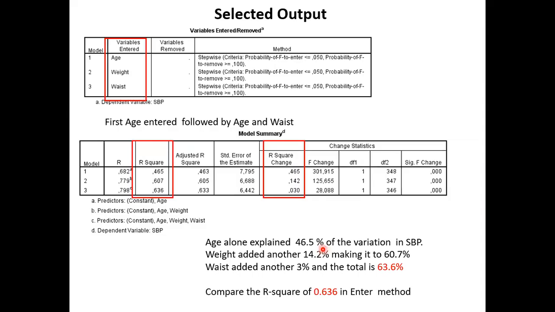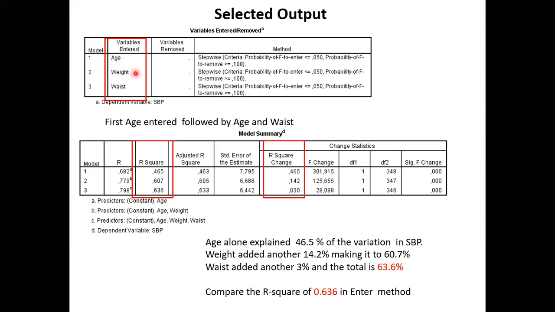Let's look at the results. This is called the stepwise method. Stepwise meaning step by step. This is model one, referring to the first step. Which variable entered first? Age came in first. Step two?